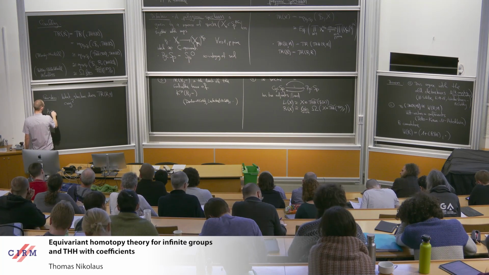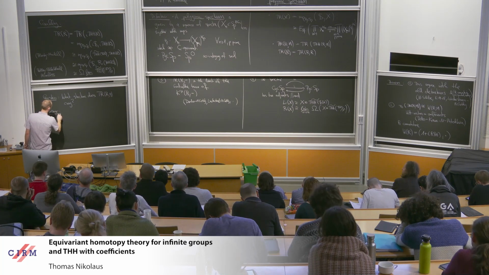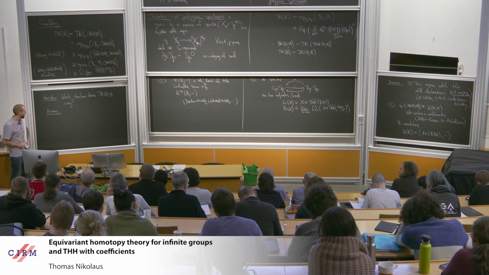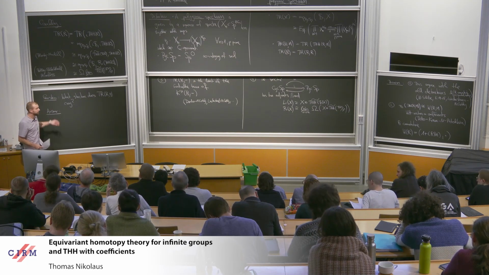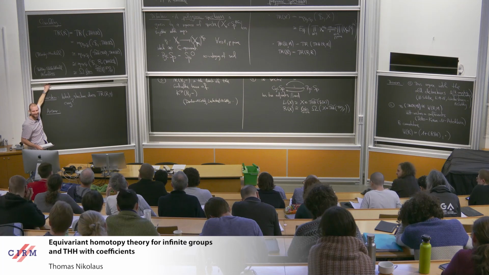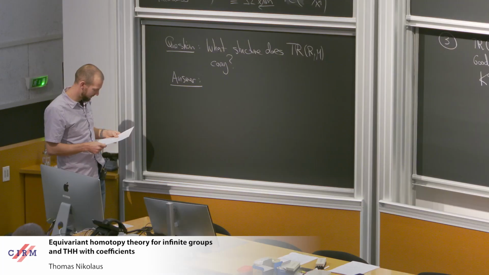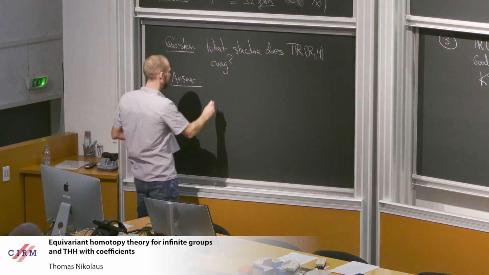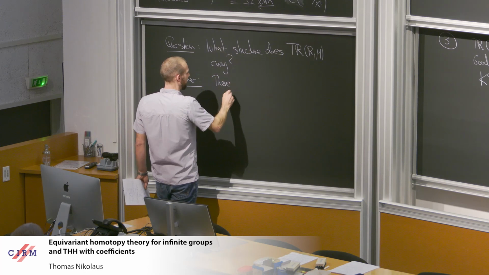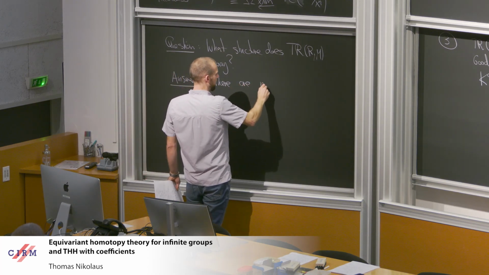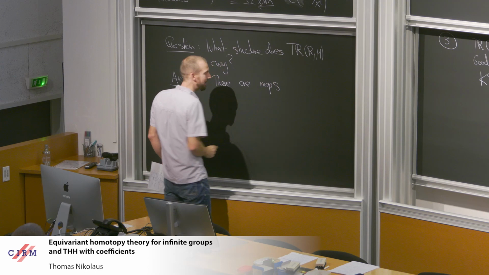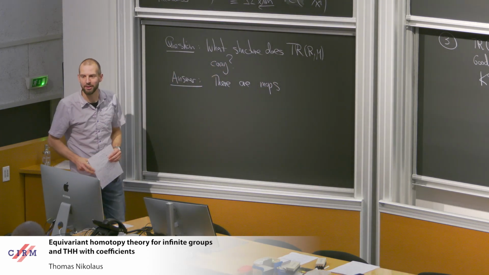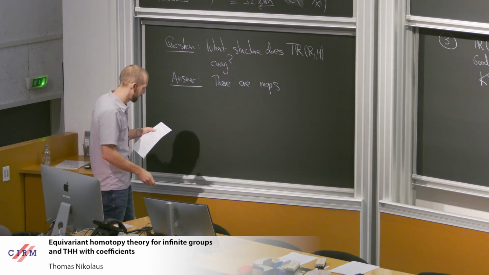And here's one answer. Disclaimer, I'm probably, again, going to allow the zero map. But let me try to say it in a way that, yeah, I don't know how to repair that now. There are canonical maps, not always zero maps.